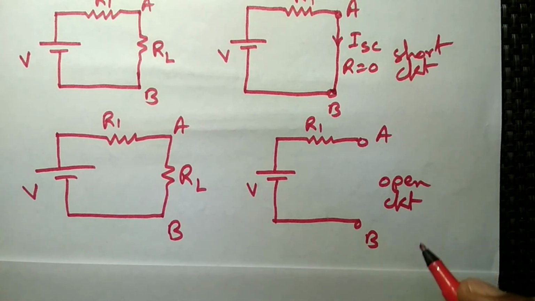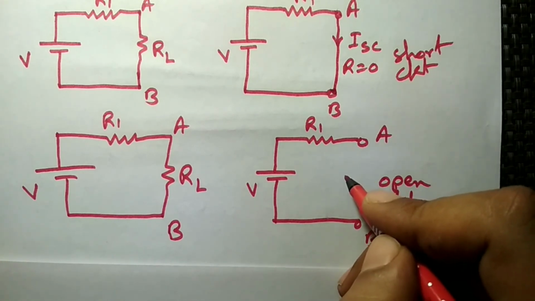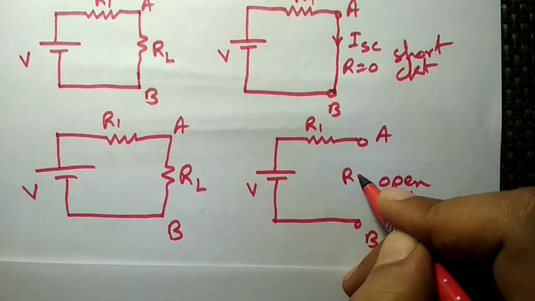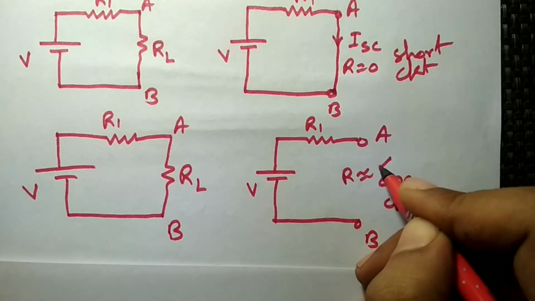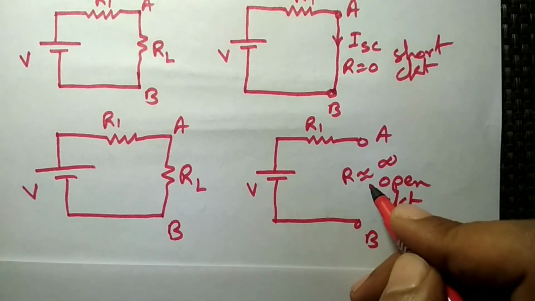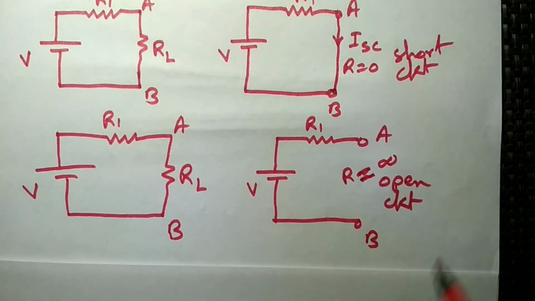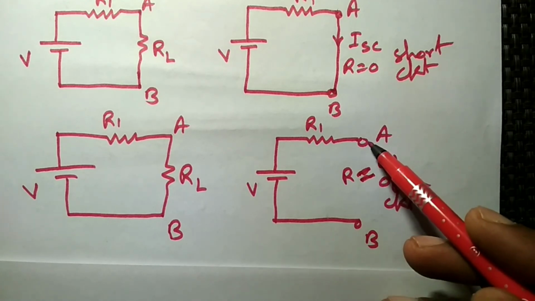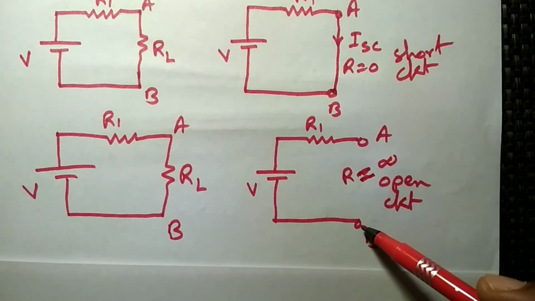Remember one thing, for the open circuit condition, the resistance between A and B is considered as infinity. And as the resistance is infinity, in the case of an open circuit, no current will flow between the A and B terminals.